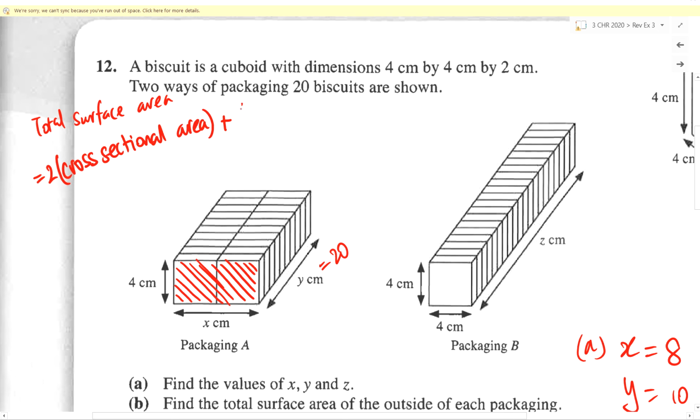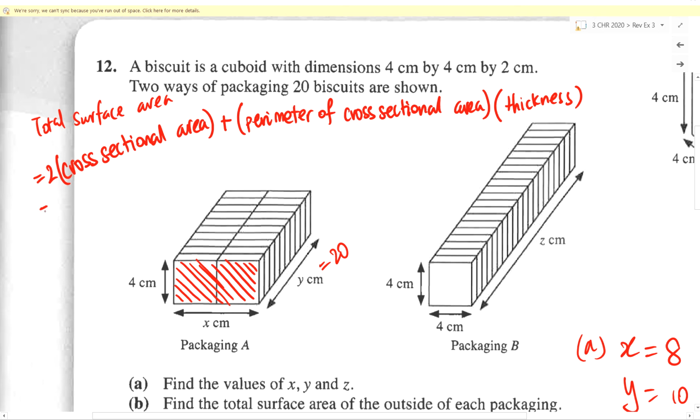Plus, open bracket, perimeter of cross-sectional area. It is the same cross-sectional area that we have shaded over here. So the perimeter over here, later I'll outline the perimeter for you. We're going to multiply this by the thickness. And this is the formula.